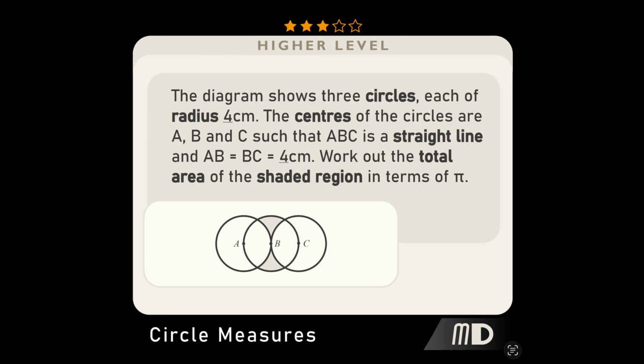To identify or calculate properties of a sector, we need to know 3 main parts: the radius, the arc length, and the central angle, formed where 2 radii meet. A minor sector represents less than half of the circle, while a major sector represents more than half.